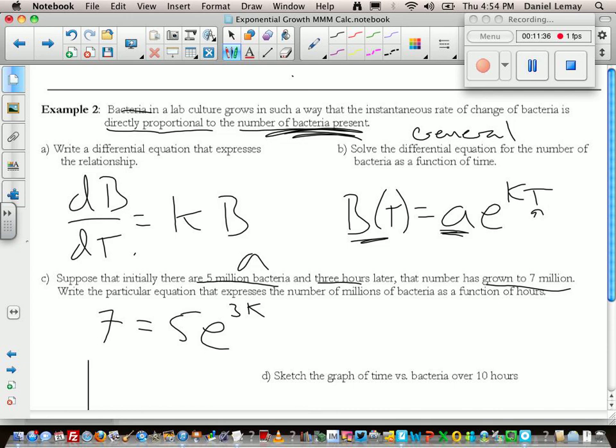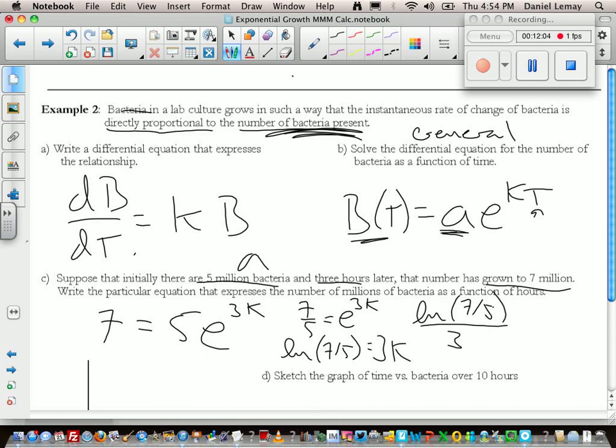Alright, so if we walk through that same process as we just did, divide both sides by 5, take the natural log. So I'm going to get 7 over 5 equals e to the 3k. Take the natural log. The natural log of 7 divided by 5 equals 3k. So the natural log of 7 divided by 5, divided by 3, is our k.